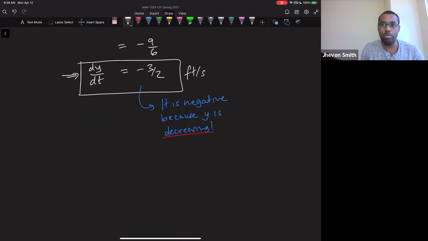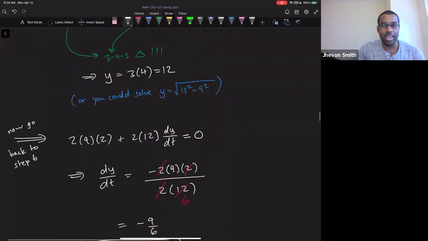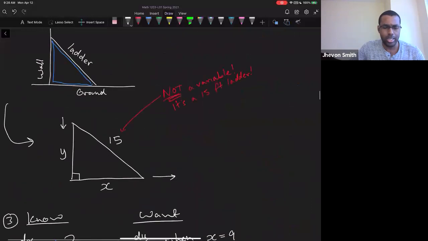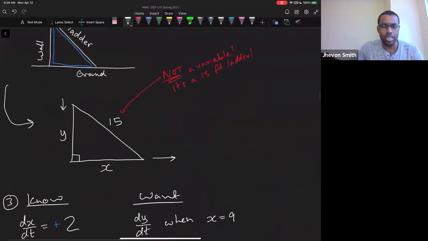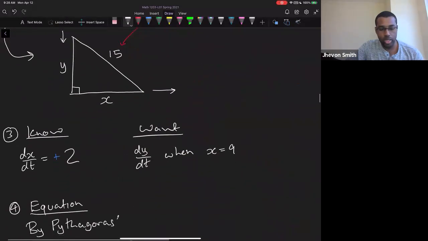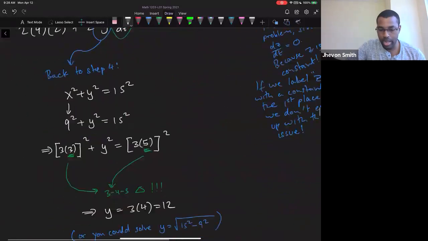And they just, for no reason, remove the negative. The negative is supposed to be here. And if you didn't get a negative, you would be making a mistake, right? Because here, clearly, if the hypotenuse is not changing and the foot is getting longer, the height has to get shorter, right? Like the ladder is going to slide down the wall. And it even said that in the problem. So your y is actually getting smaller while your x is getting larger. So your x is going to have a positive rate, your y is going to have a negative one.